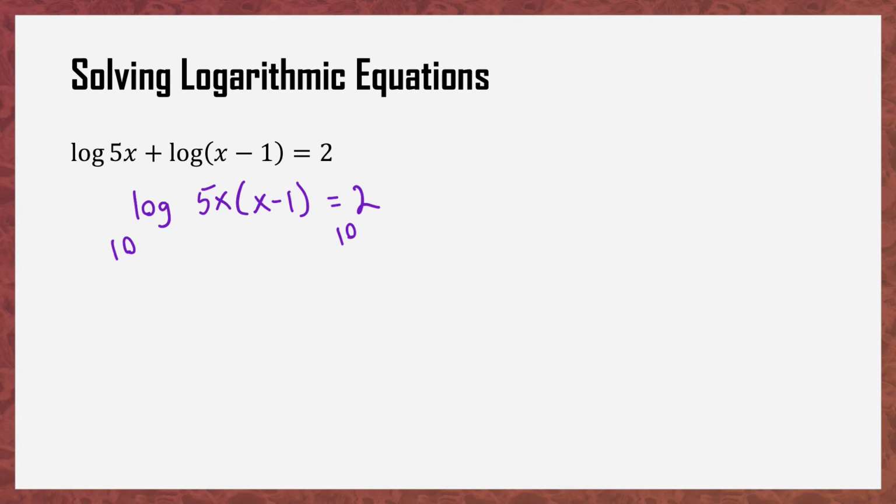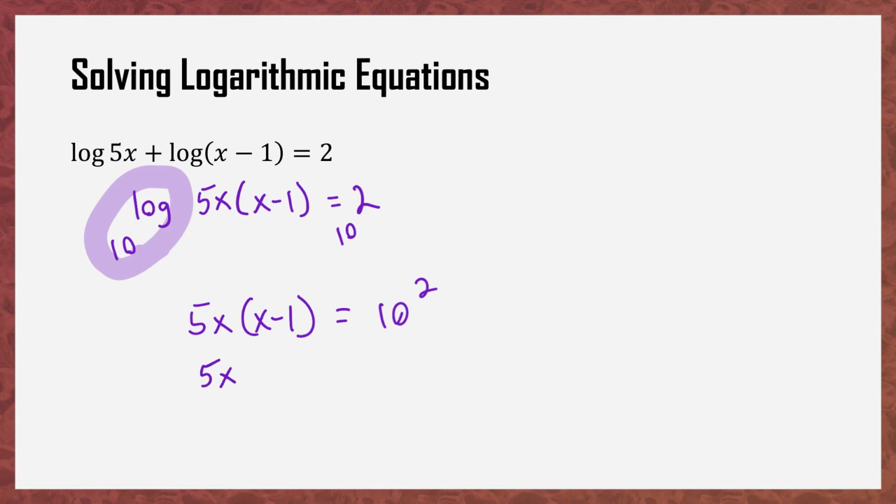All right, well, this part right here all reduces out to be 1. So that's just 5x times (x minus 1) equals 10 squared. Okay, 10 squared is 100. So 5x times (x minus 1) equals 100.